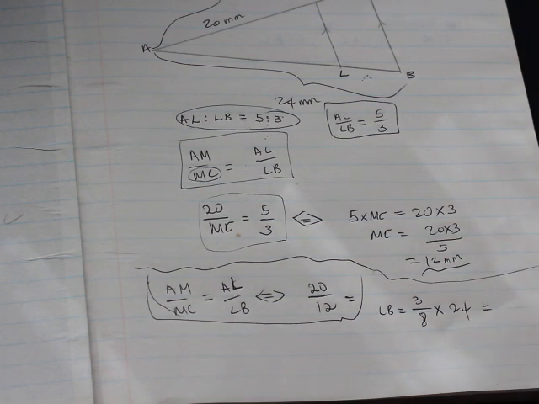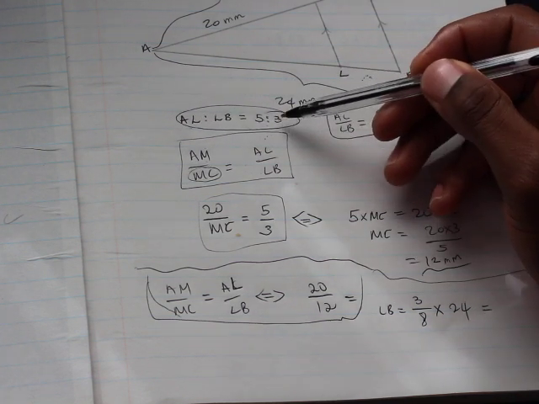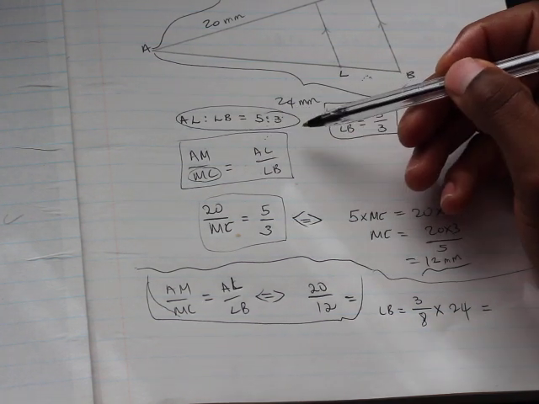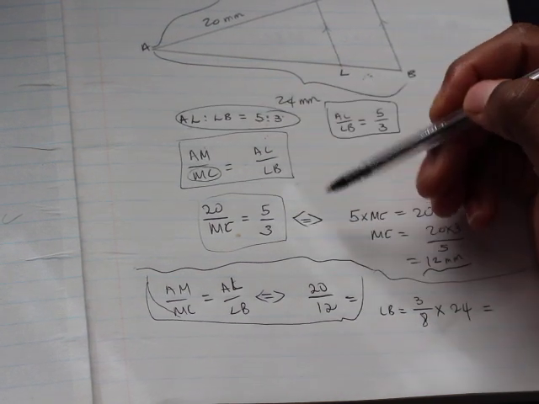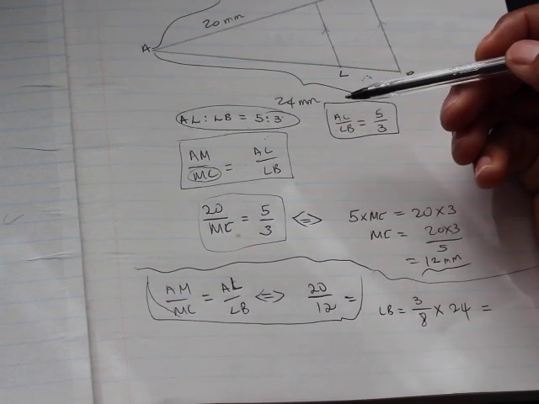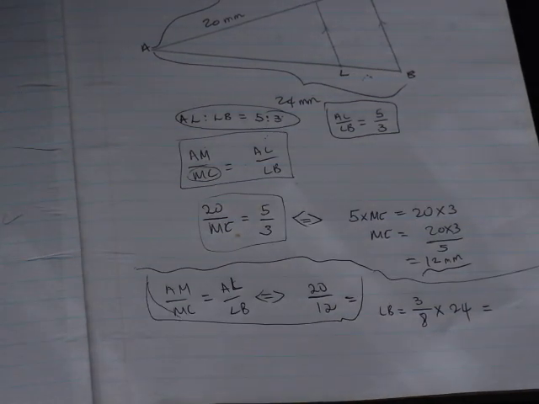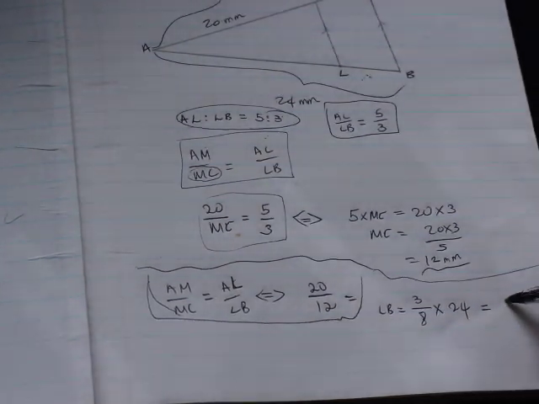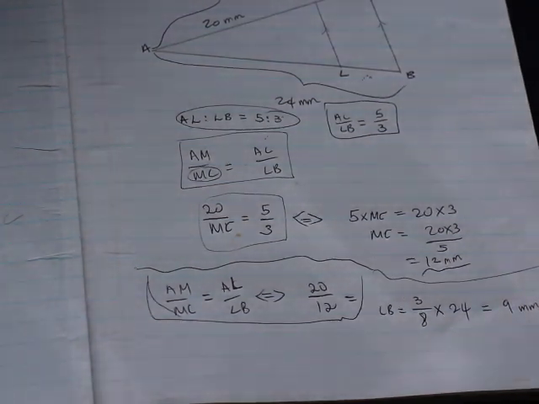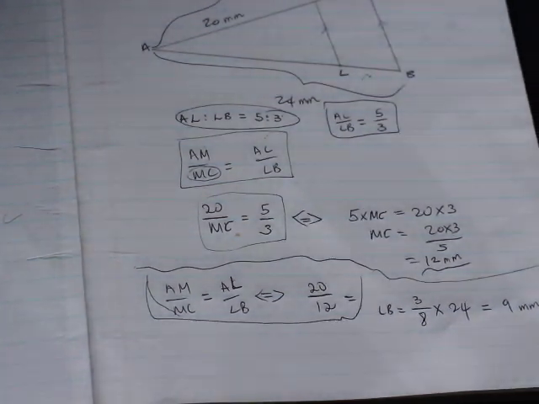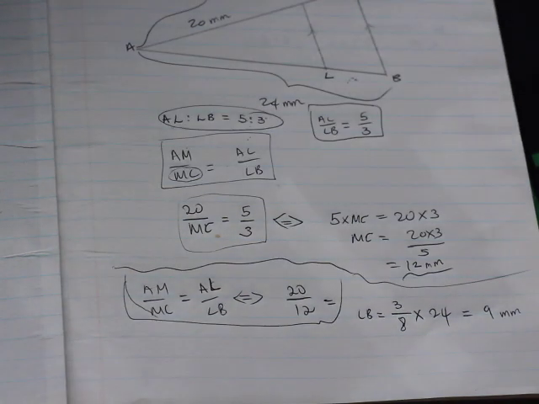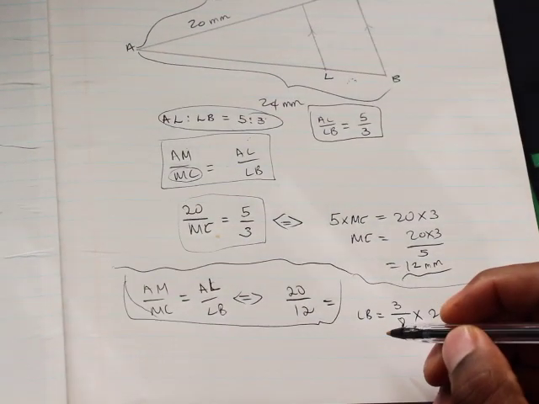Does that make sense? Because LB is 3 over the sum of the two, which is 8, and AL is 5 over the sum of the two, which is 8. Now let's check what answer we're getting. 3 over 8 times 24 is 9 millimeters. And we might as well go ahead and find our AL.